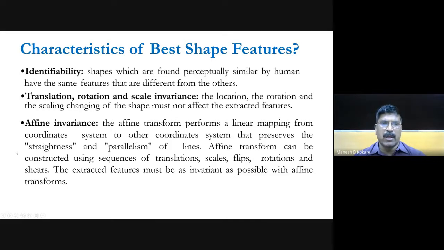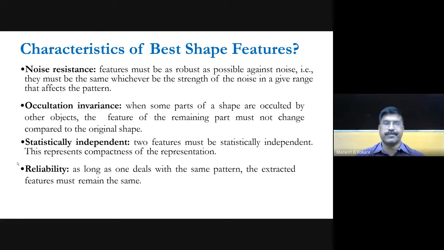The extracted features must be as invariant as possible to the affine transform. Even if you affine transform the shape, your feature should not change. If your technique performs in this way, it really is a good technique for shape representation.